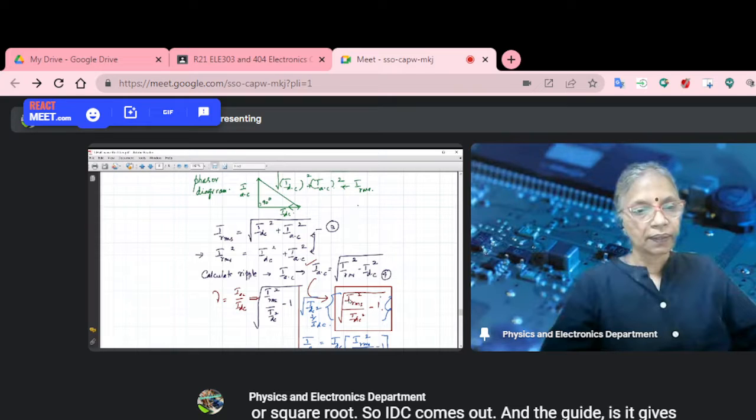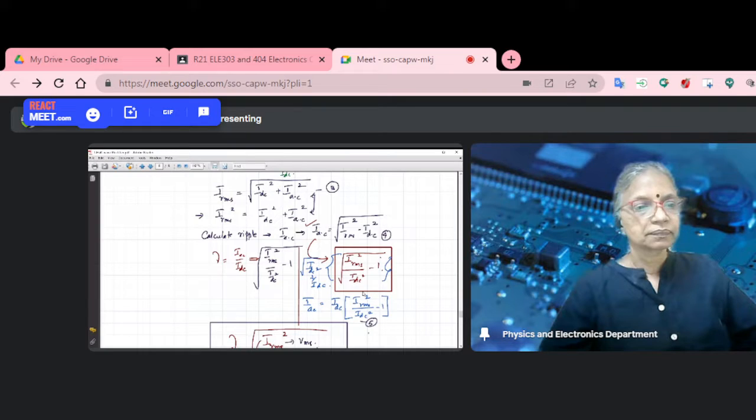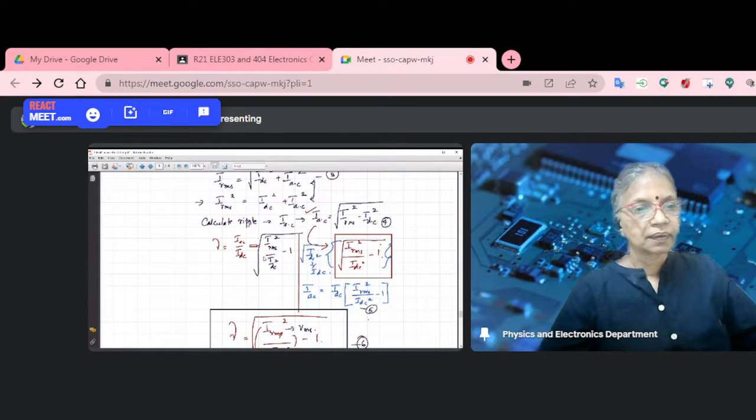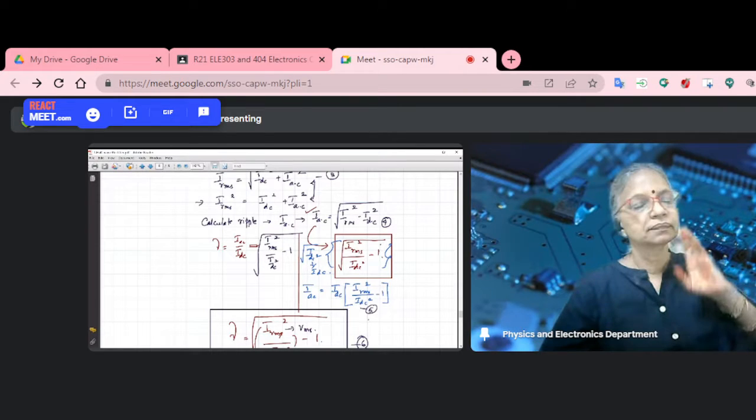So therefore, it's IAC by IDC and so on. So what you have here, IAC is equal to IDC into IAC by IDC, which is this much.